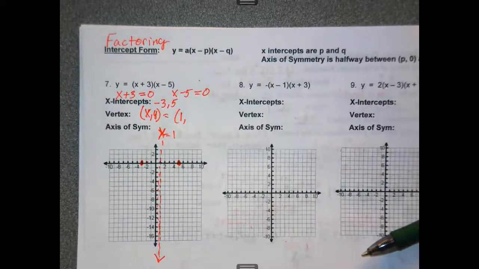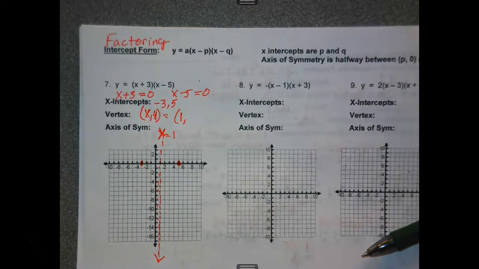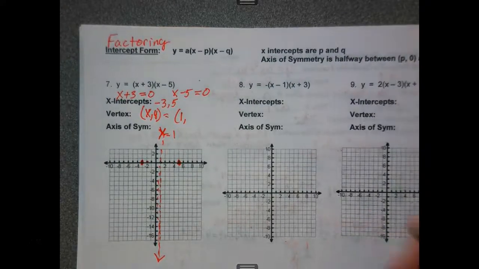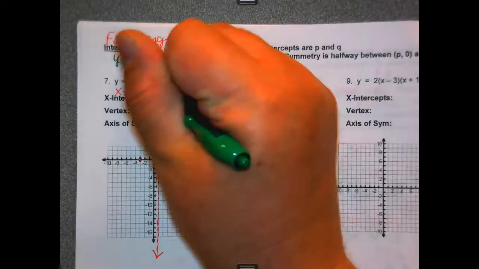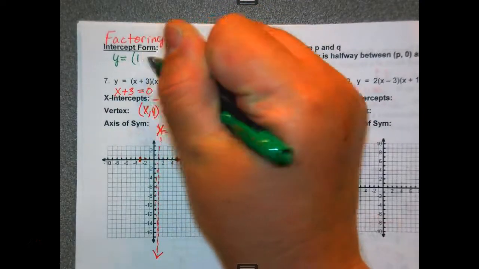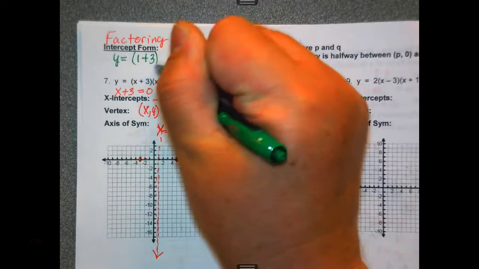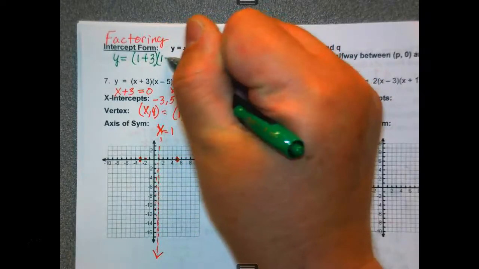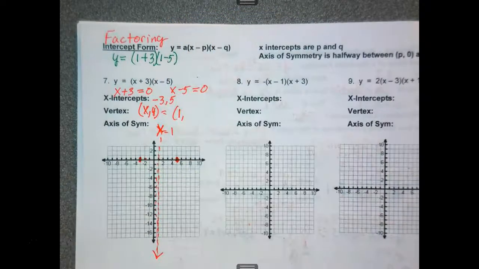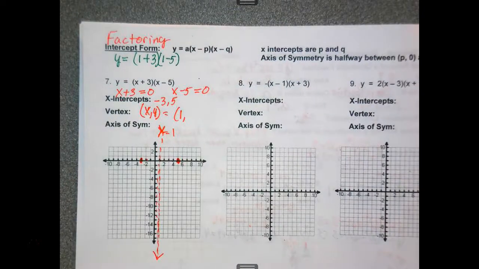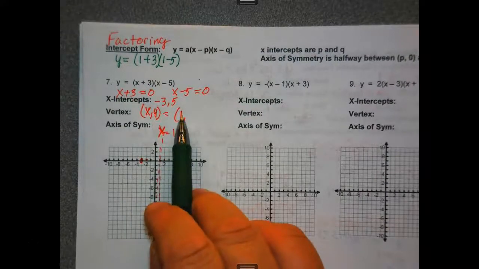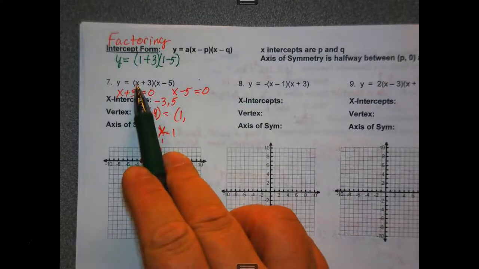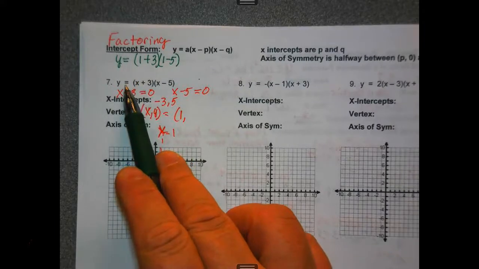Now I have to figure out what y is. How am I going to do this? Plug 1 back in for x. So y equals 1 plus 3 times 1 minus 5. I just took my 1, plugged it back into my equation to get y.